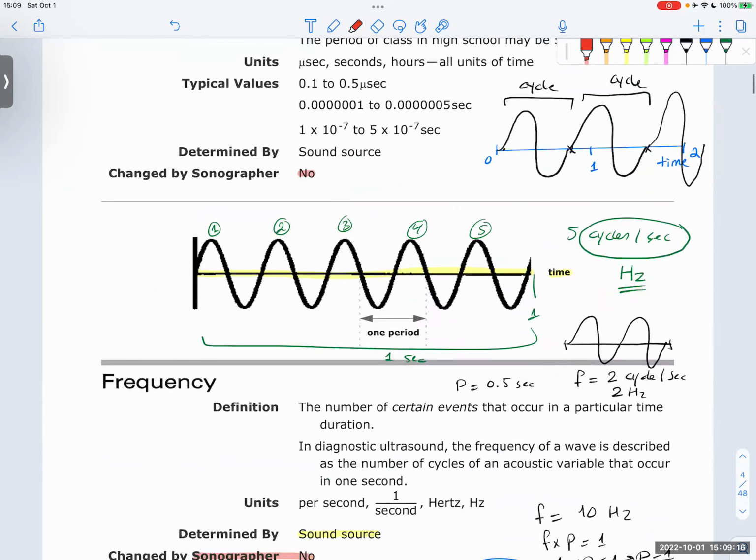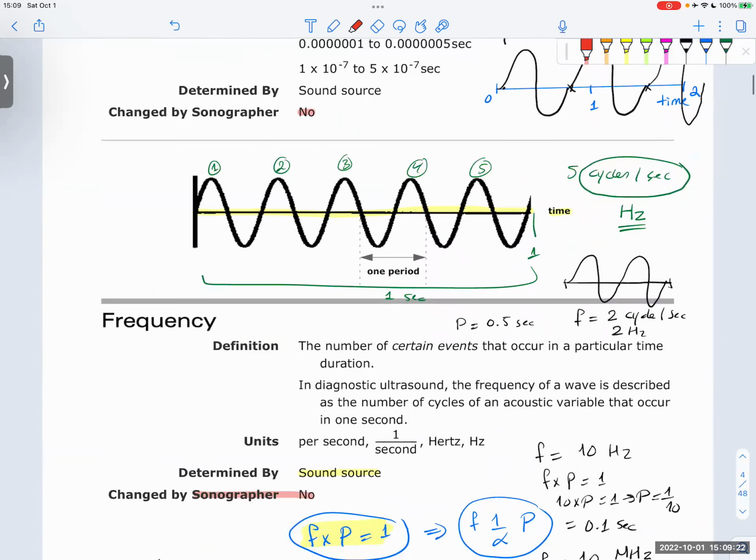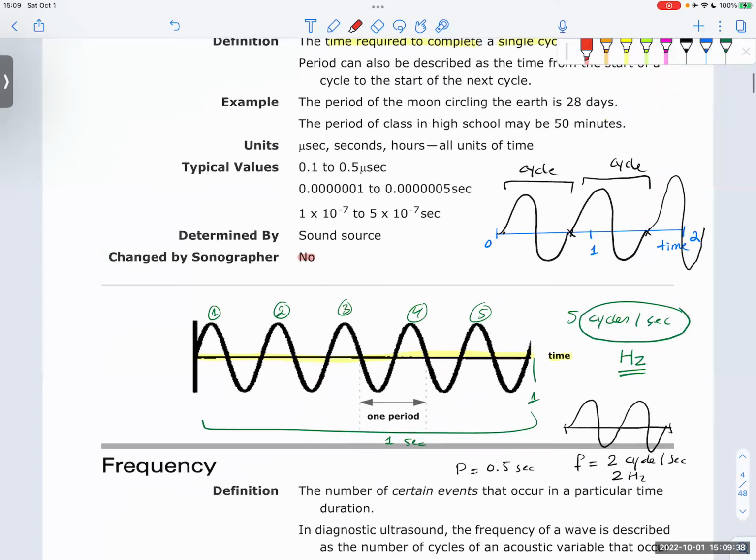Clinically, all of us know that if we have to change the frequency, we need to change the probe. Why is that? Because frequency is a characteristic of the sound source, the probe. We cannot just increase the frequency using the same probe. Some probes have 2 megahertz, some have 8, some have 5, and that's how we change frequencies. So that's the first concept.